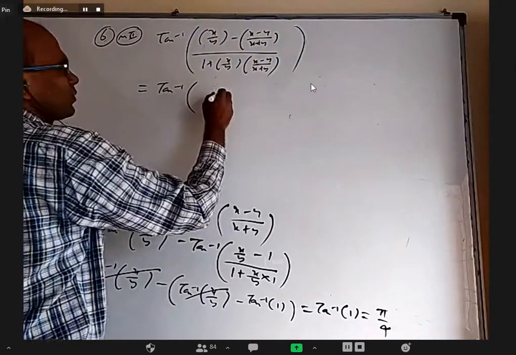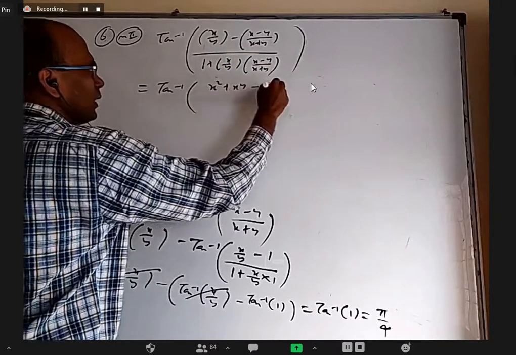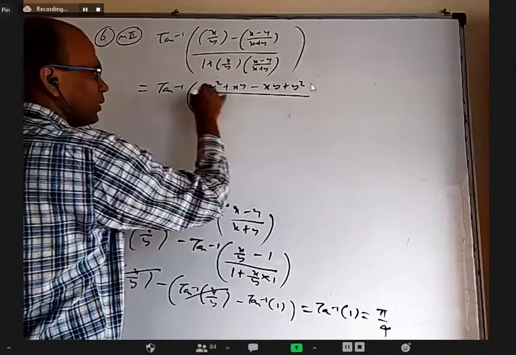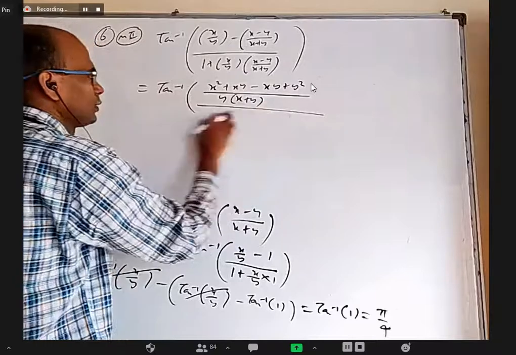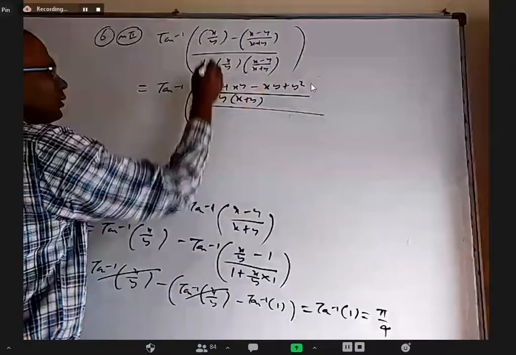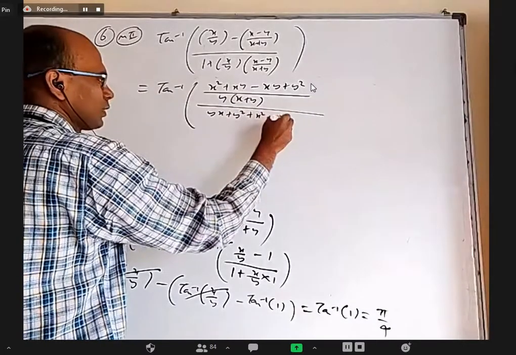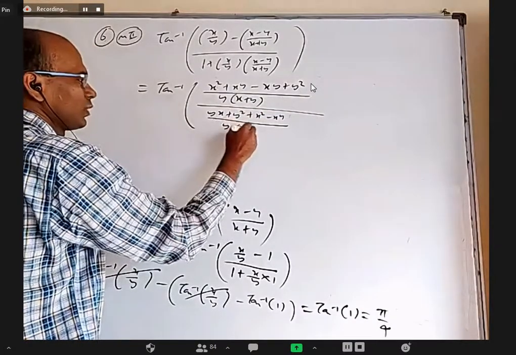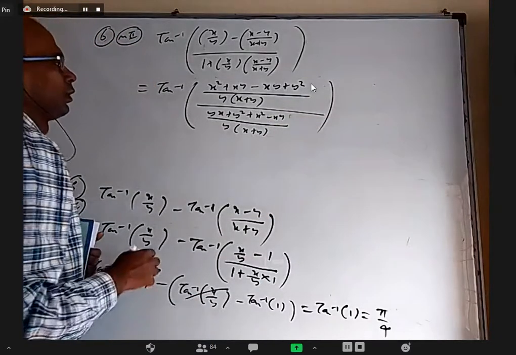So when I simplify this, do cross multiplication, I get x square plus xy minus xy plus y square by y into x plus y. And down, yx plus y square plus x square minus xy by y into x plus y.